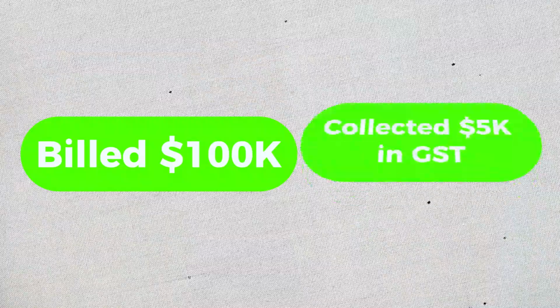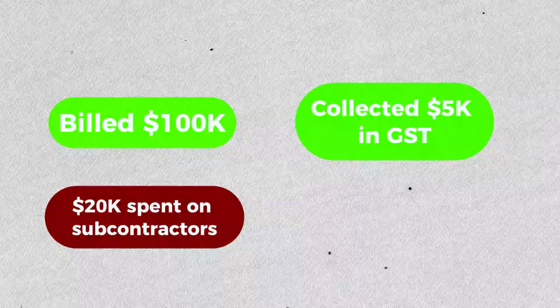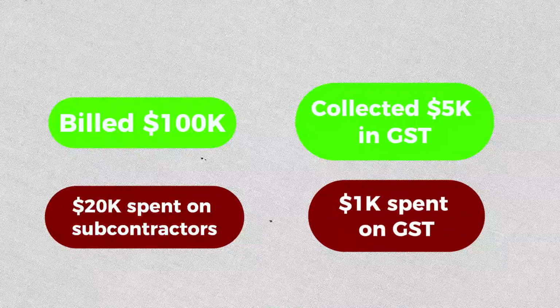So we've collected $5,000 in GST. At the same time, we spent $20,000 on subcontractors, which we paid 5% GST as well. So we ended up paying $1,000 in GST. So now when we go and file our GST filing at the end of the year, it's the 5,000 we collected minus the 1,000 we paid, and that's our GST filing.